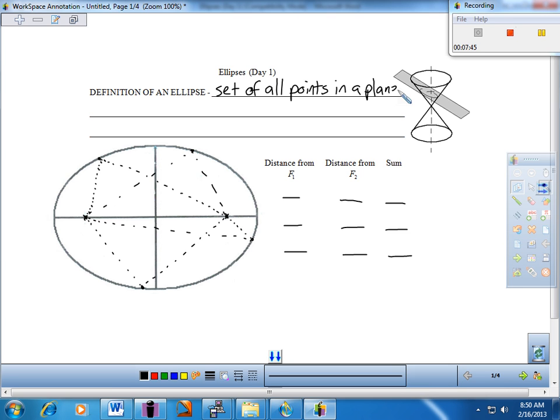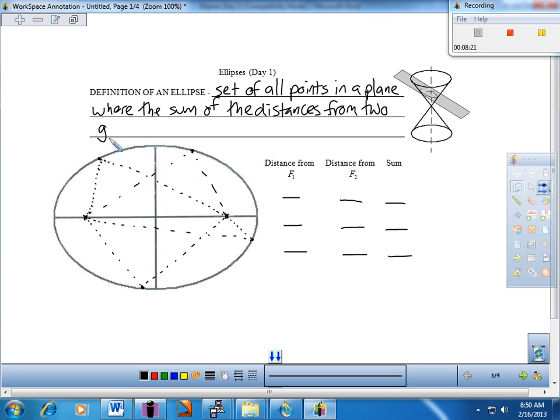So here we go. It's the set of all points in a plane where the sum of the distances, and that's what we did. So you did two distances and then added them together. And those distances go from two given points. So let's get that in there.